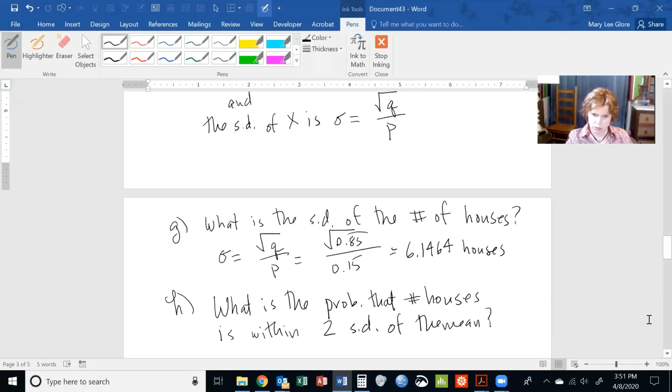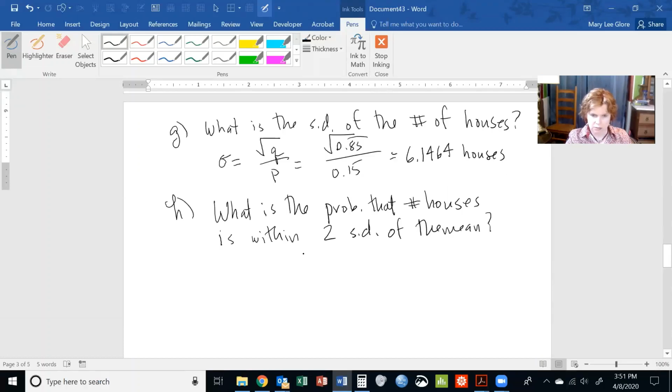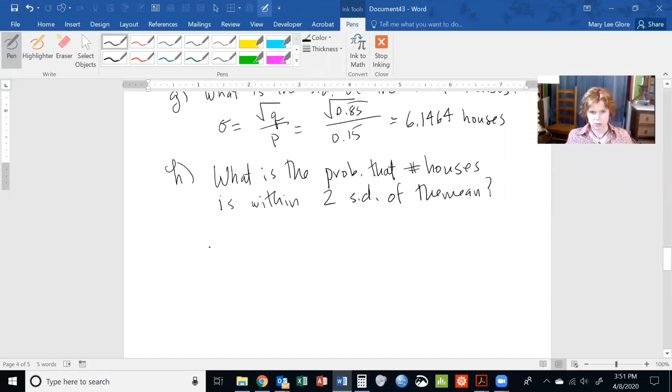We expect this to be at least 90%. So we'll have mu minus 2 sigma and mu plus 2 sigma. Mu was 1 over p, that was 6.6667.